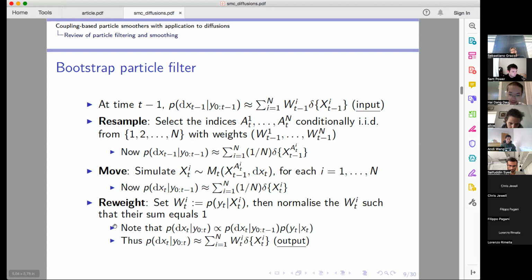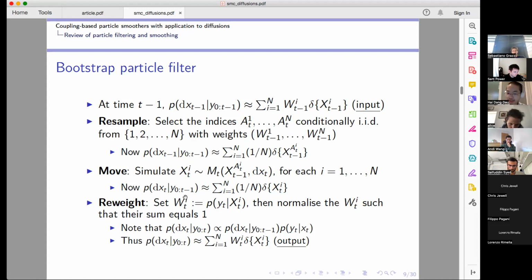Why do we do this? You can decompose the distribution of H_t given Y_{0:t} as the distribution of H_t given Y_{0:t-1} times the likelihood.